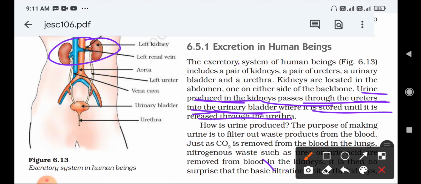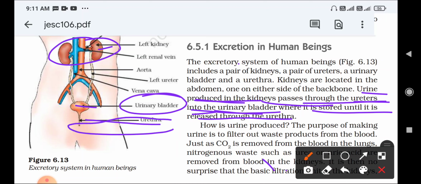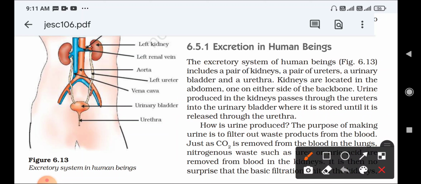First, urine is formed in the kidneys and passes through the ureters.